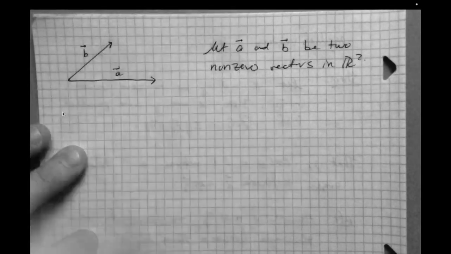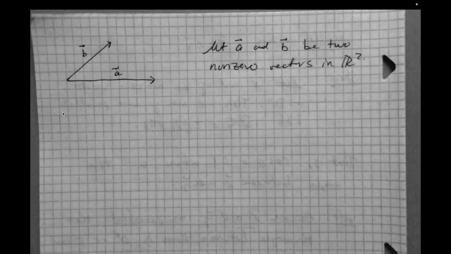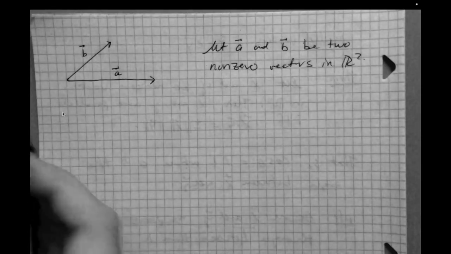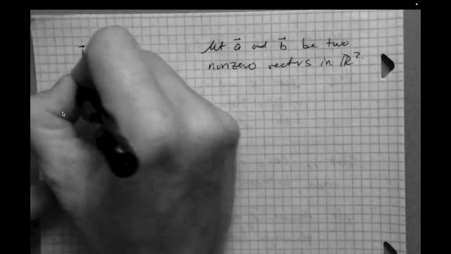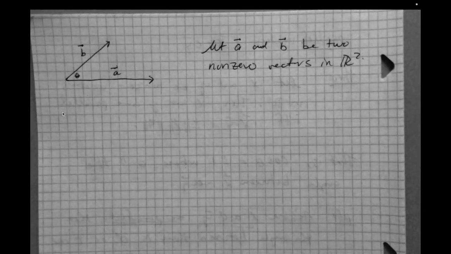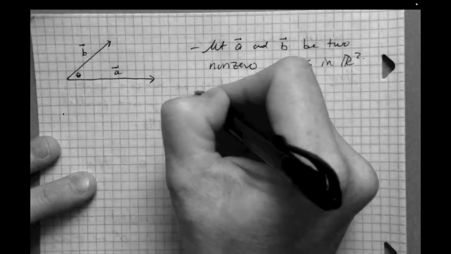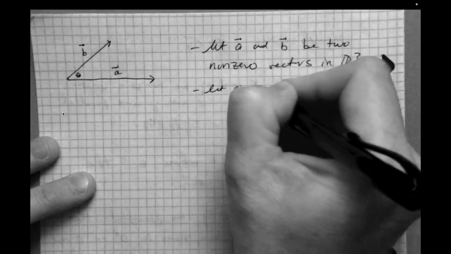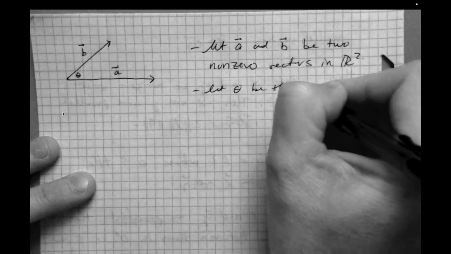This one is A, and this is B. Let's say they have the same initial point, and there's some angle theta between them. So we've got A and B, non-zero vectors, and we'll let theta be the angle between them.